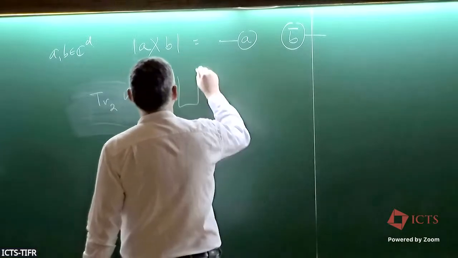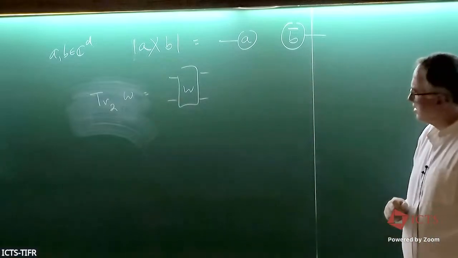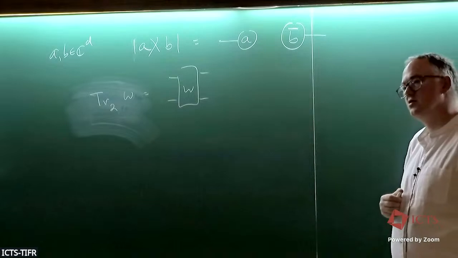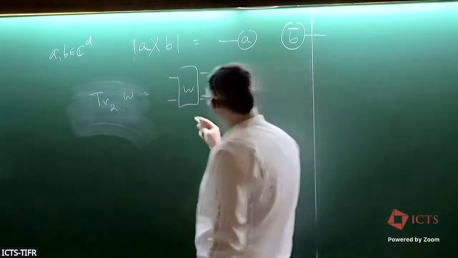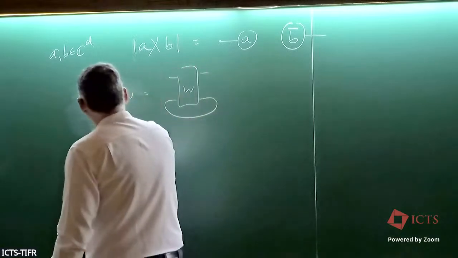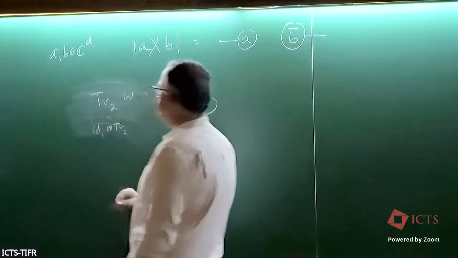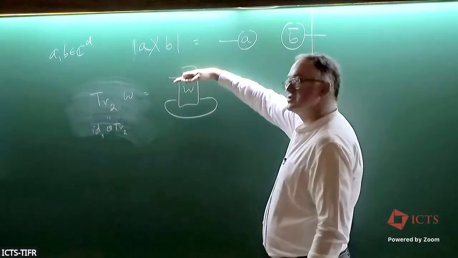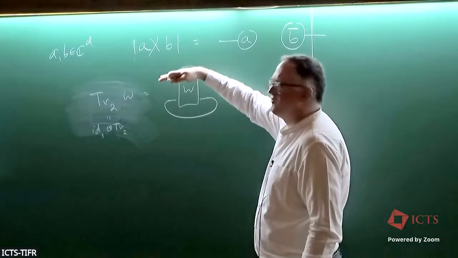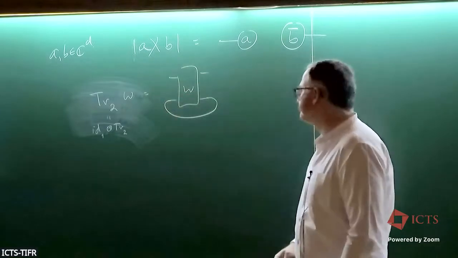So in graphical notation, how should I depict the partial trace of this vector? I should close one loop, the second one, right? Because this is really identity on the first factor, tensor the trace on the second. So I leave my first set of legs on the first copy of matrices, and on the second copy, I take the trace.